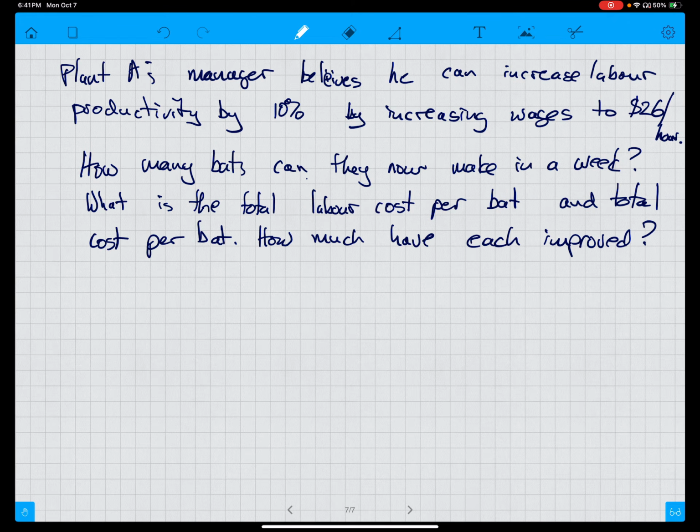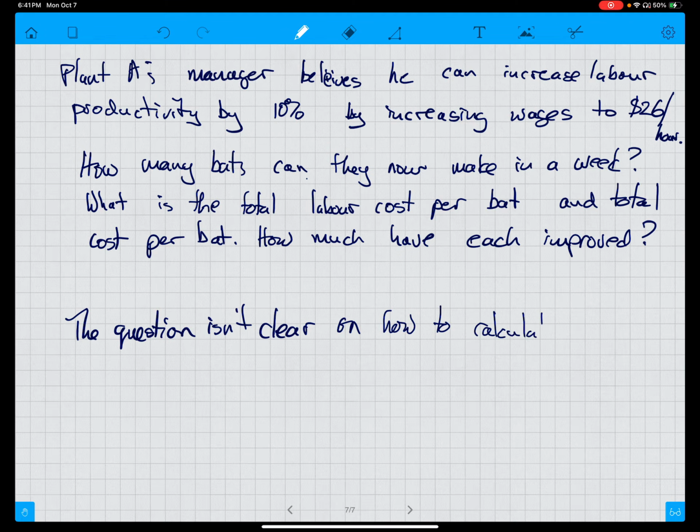So in this case, the question isn't clear on how to calculate productivity. You can use either hours or dollars.